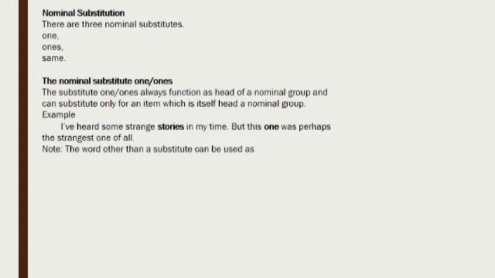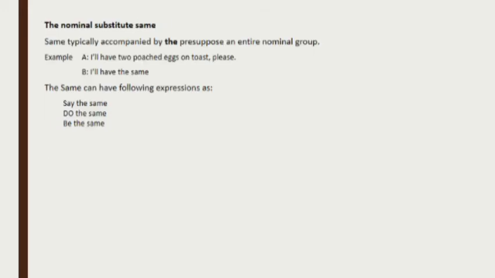The nominal substitute one or ones always functions as head of a nominal group and can substitute only for an item which is itself a nominal group. For example: I have heard some strange stories in my time, but this one was perhaps the strangest one of all.